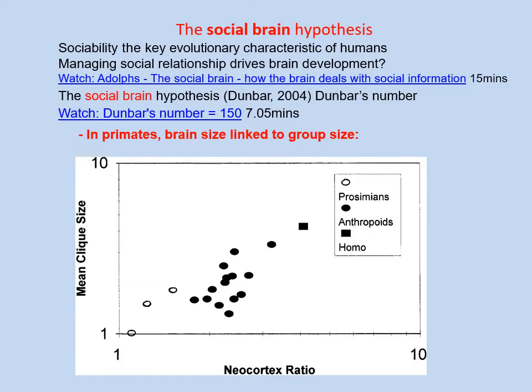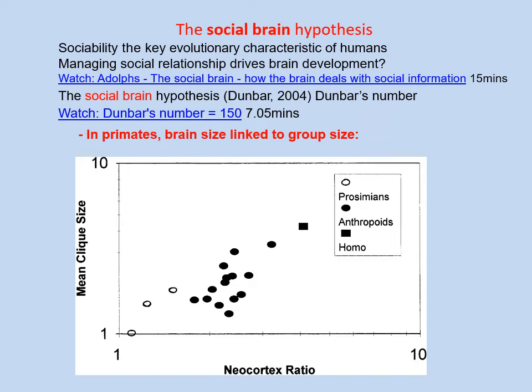Now, the idea that the brain and sociability are closely connected has received some very strong support in recent years. The idea is that you need a big brain, very complex cognitive capacities, simply to coordinate social behavior.